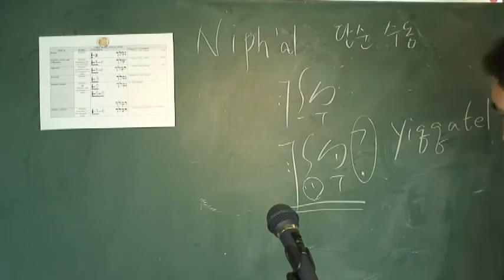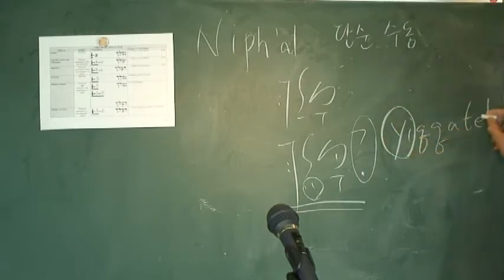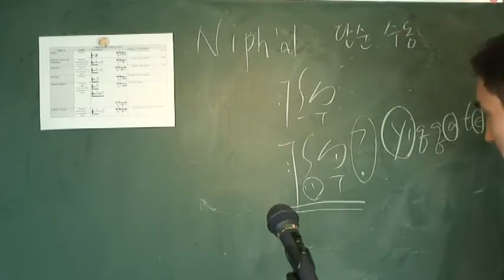The imperfect form of the Niphal verb is yikkatel. We will find the vowels i, a, e.